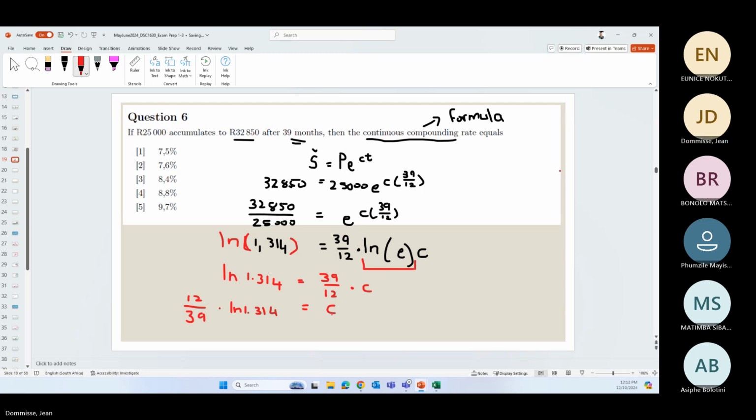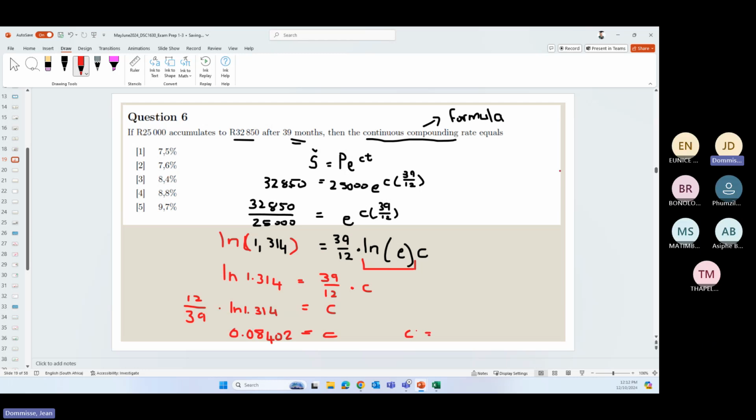So when I work this out, 12 divided by 39 times ln 1.314, I get that my C is equal to 0.08402. Then to get the percentage, multiply by 100. So my percentage then is 8.40%. They just want one decimal, so 8.4%.